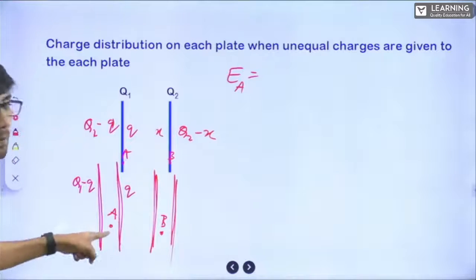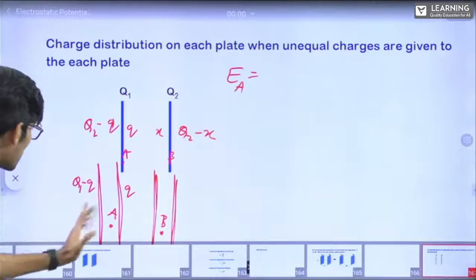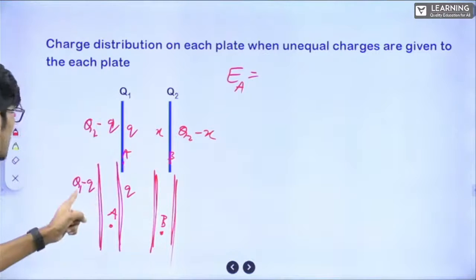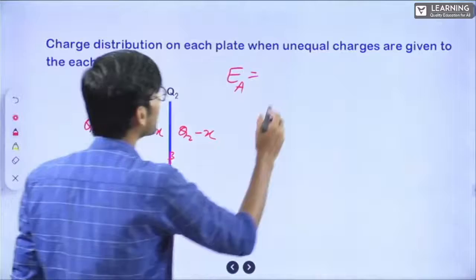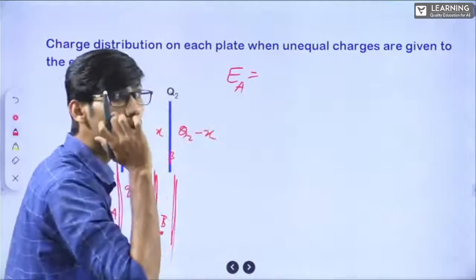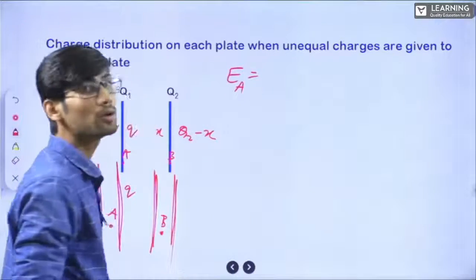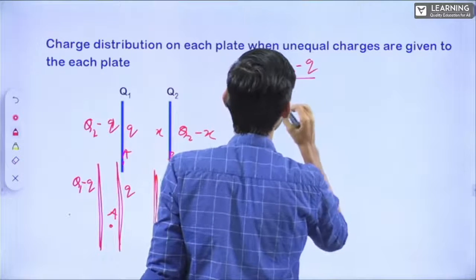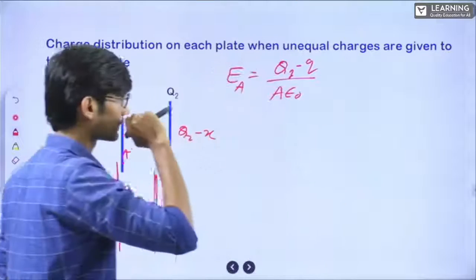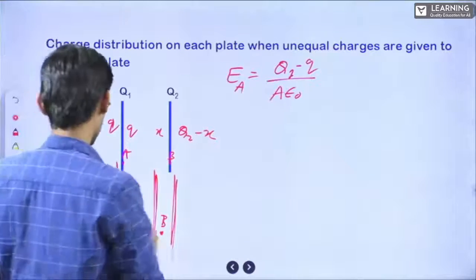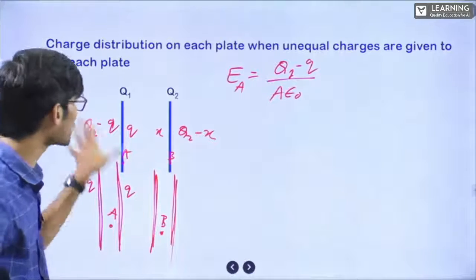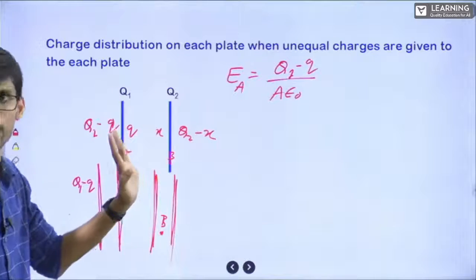So for this A, electric field due to this charge, it is like an infinitely long sheet having charge Q1 minus Q. Can I write electric field as sigma upon 2 epsilon naught? Sigma is Q upon A, right? Q1 minus Q upon A epsilon naught. Correct? So initially, I am assuming that all the charges are positive.